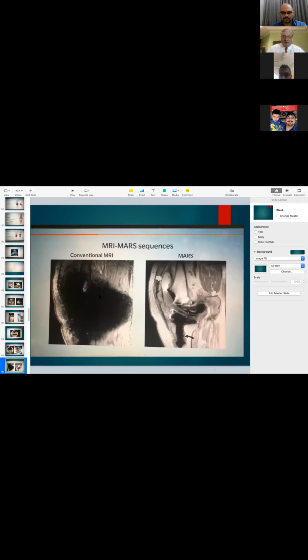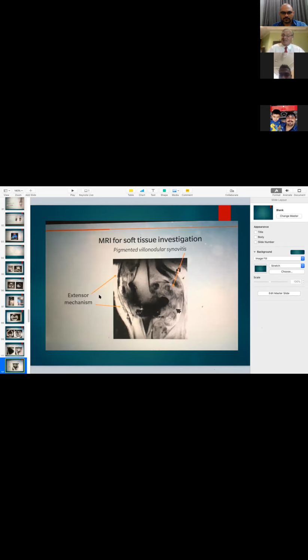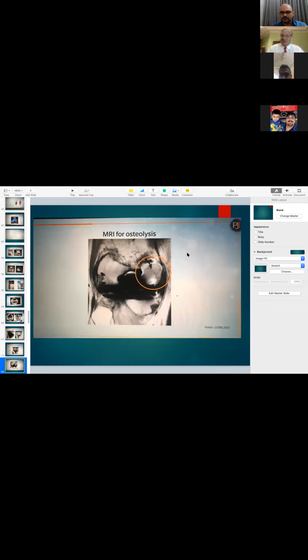When there is extensor, to check the extensor mechanism, whether there is tear or weakness of the extensor mechanism, or sometimes where there is pigmented villonodular synovitis, and check if it is posteriorly or anteriorly, and this may cause the pain, or sometimes for the synovioma or osteolysis.